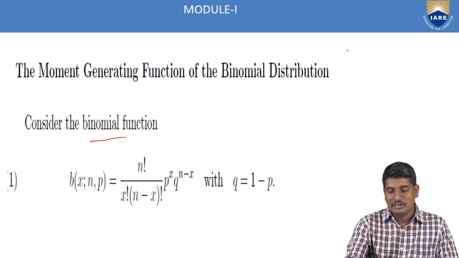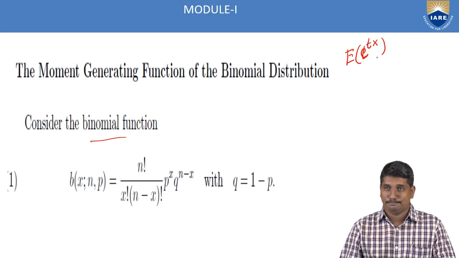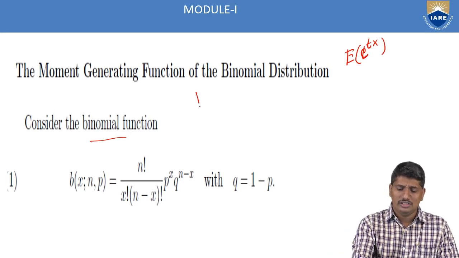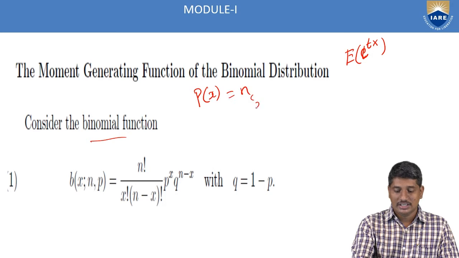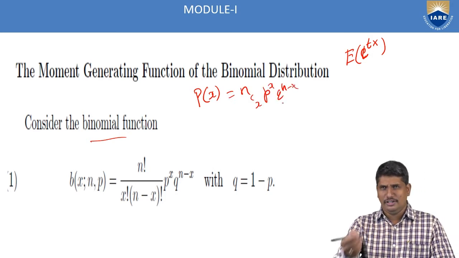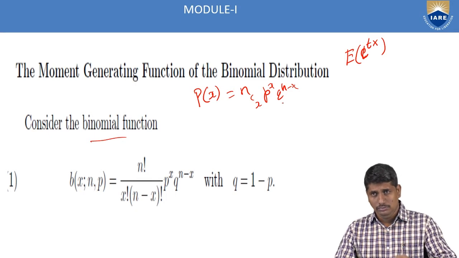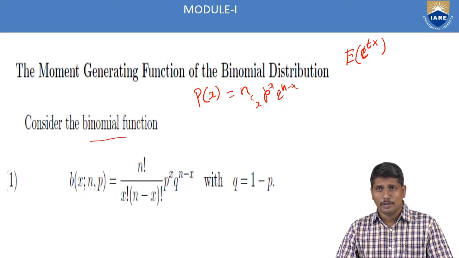Let us start with the definition of MGF, that is the expectation of e power tX. Let us recap the probability function of a binomial random variable, which is very well known to you from your probability and statistics course curriculum.